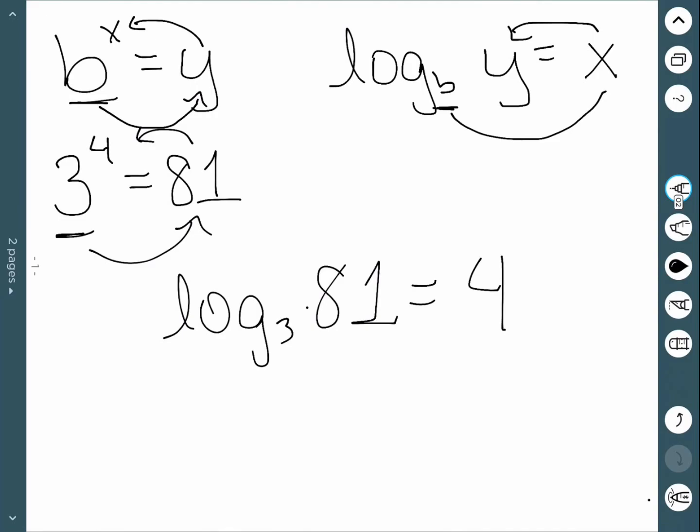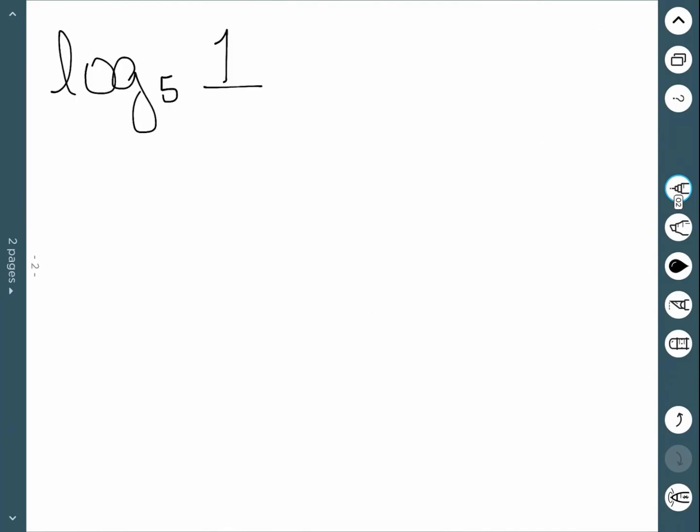So let's look at actually evaluating some of these logarithms. Log base 5 of 1. Well, usually the easiest way to do this is set it equal to x and then move to exponents. In general, with logarithms, if we don't know where to go, the first step is to convert it to exponentials because we have a little more intuition with exponentials.